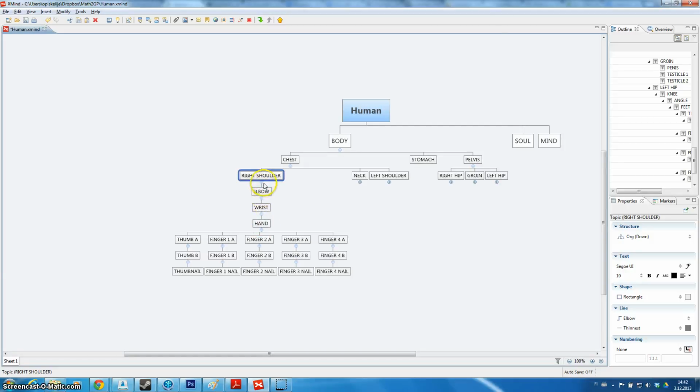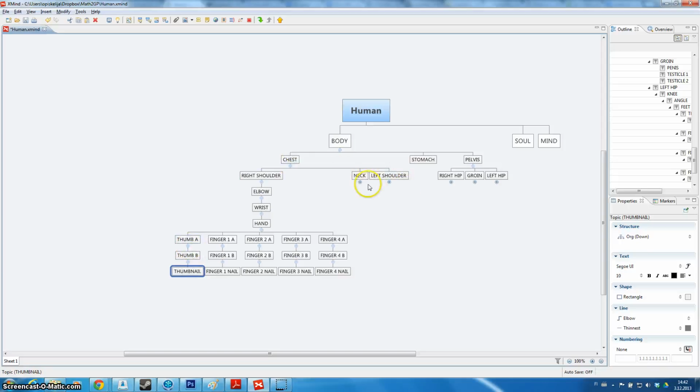And when the elbow is moved, then the wrist, hand, and everything, fingers below, change position. But when we change only the wrist, then the hand and the fingers are changed. And when we change the hand, the fingers are changed, but not the wrist. And then if we change the thumb, then the thumbnail changes position.